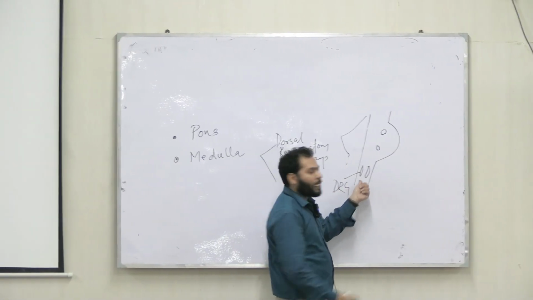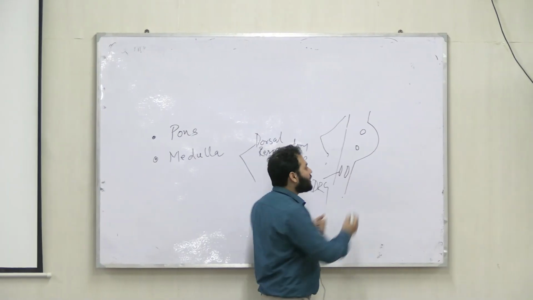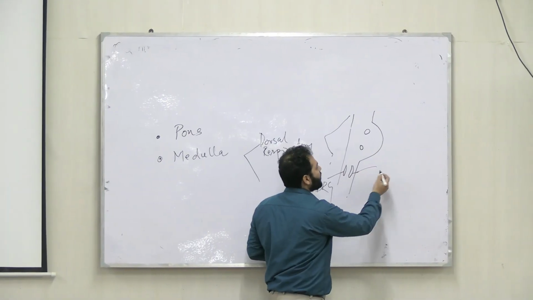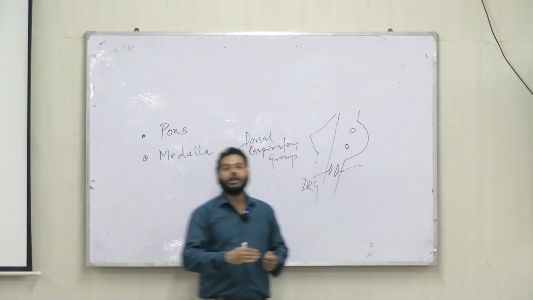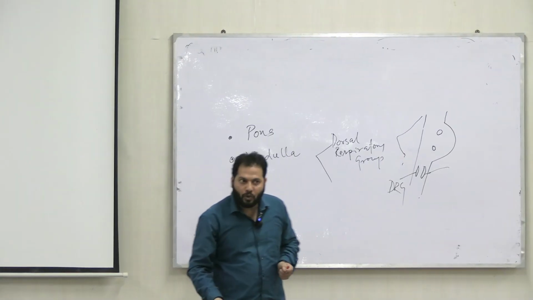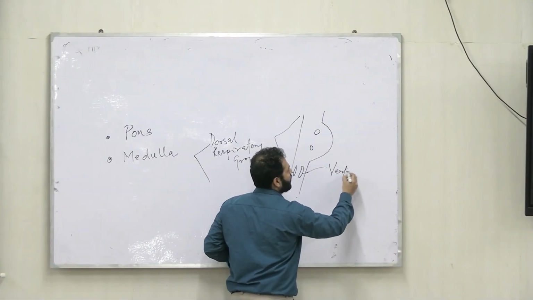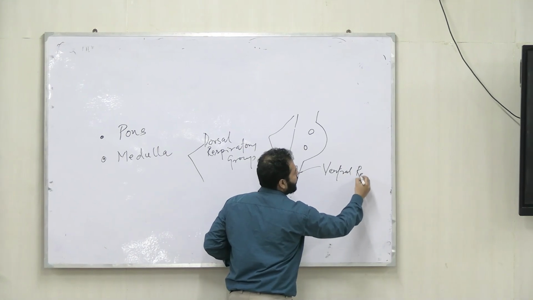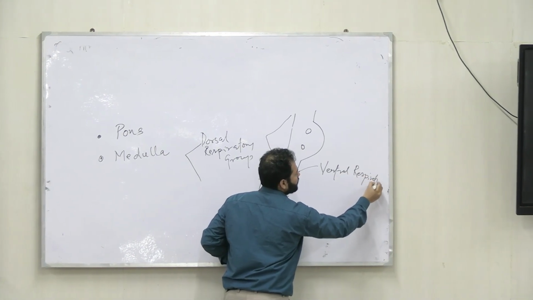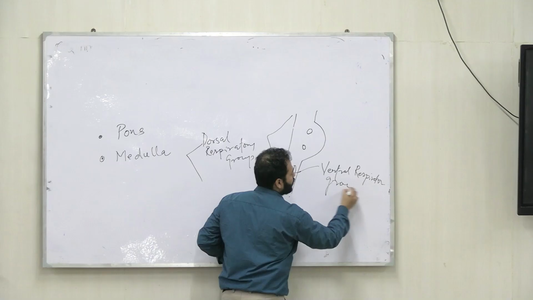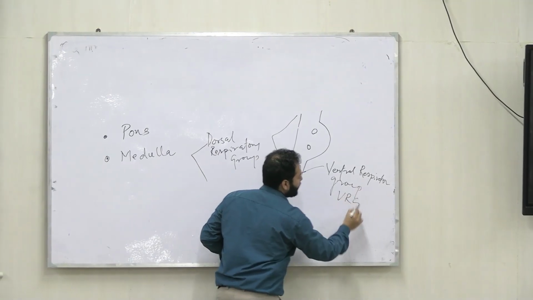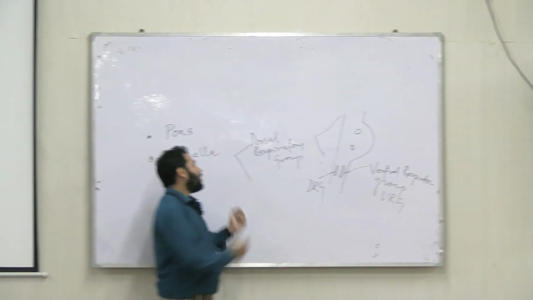At the same time, in the medullary region, another respiratory group that is present in the ventrolateral part of the medulla is called the ventral respiratory group, or VRG.